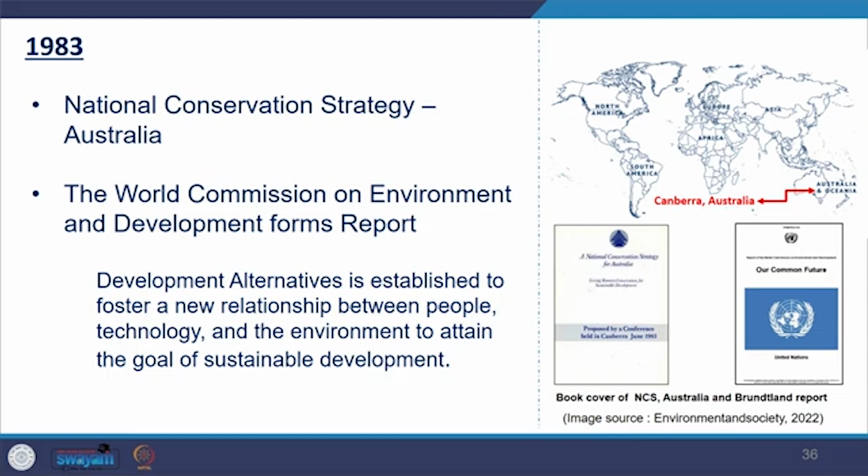So in 1983, we further see that Australia adopted a national conservation strategy to implement the objective of the World Conservation Strategy. So now the conservation part was also coming, and the World Commission on Environment and Development was formed, the Brundtland Commission was formed.